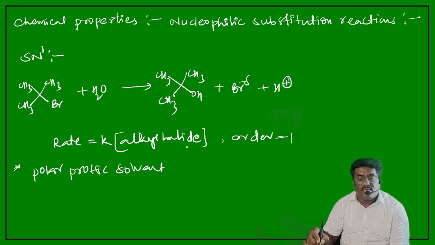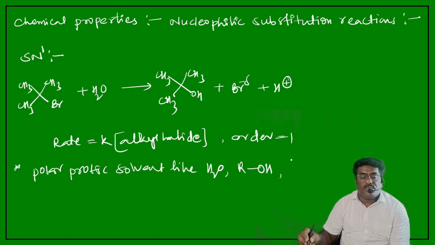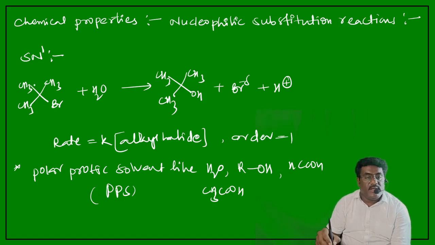Polar protic solvents like H2O, ROH, with an OH bond, HCOOH, CH3COOH. These are the solvents that favor SN1. Polar protic solvent, PPS. SN1 reaction undergoes a two-step mechanism.